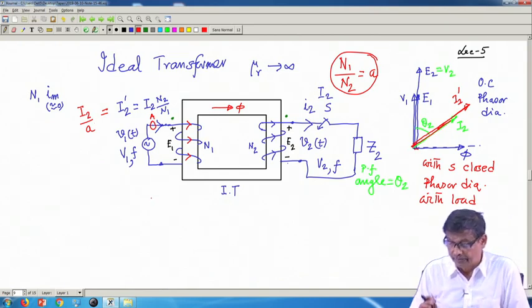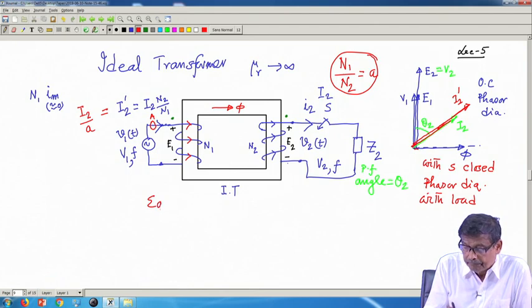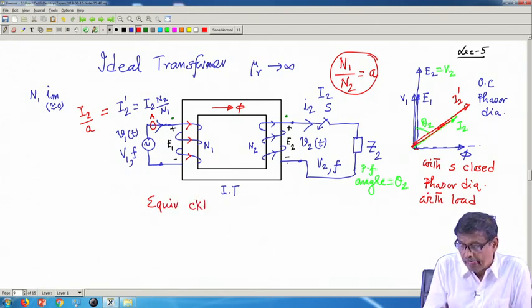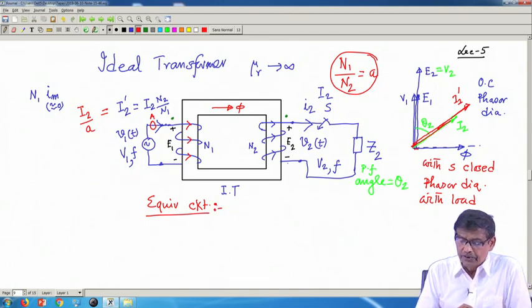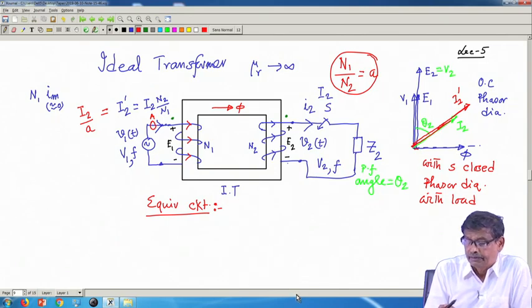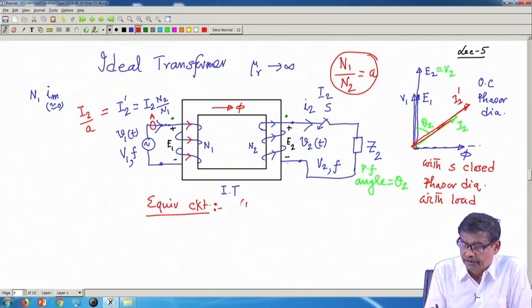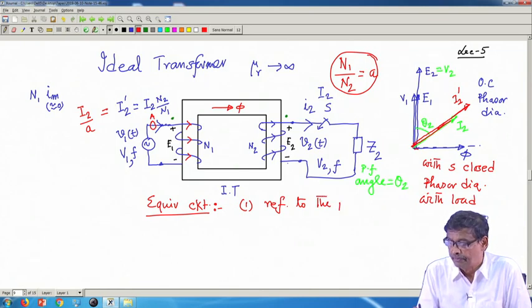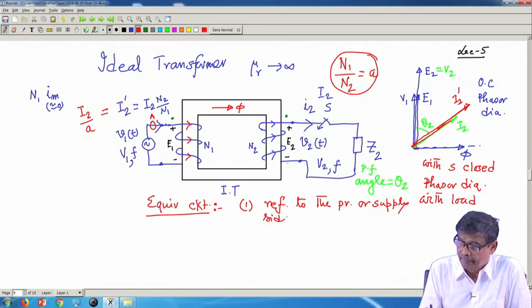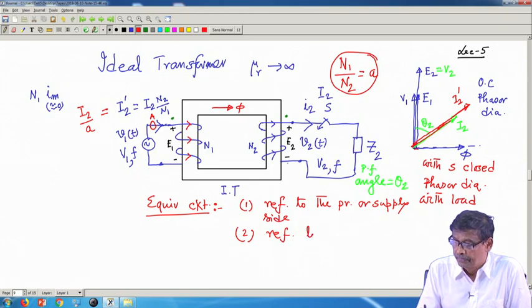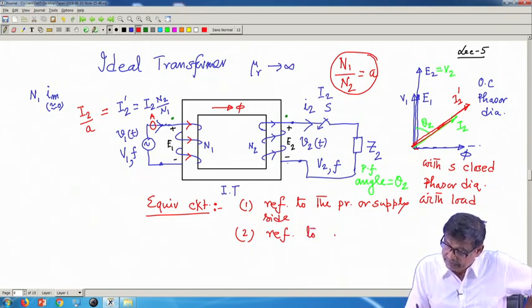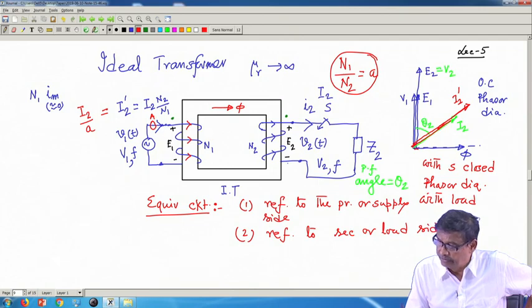Equivalent circuit is generally given referred to the primary side, that is the primary or supply side, and secondly also the equivalent circuit referred to the secondary side, that is the secondary or load side. I will tell you what all this means.